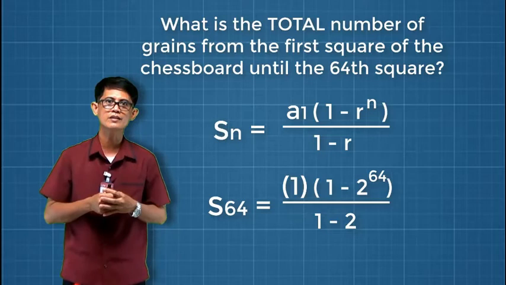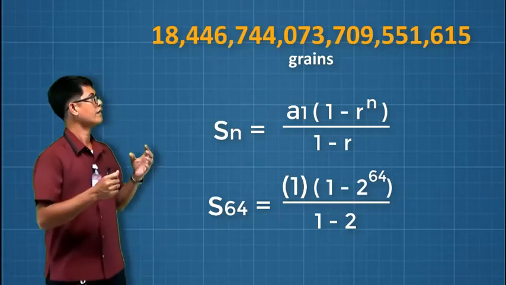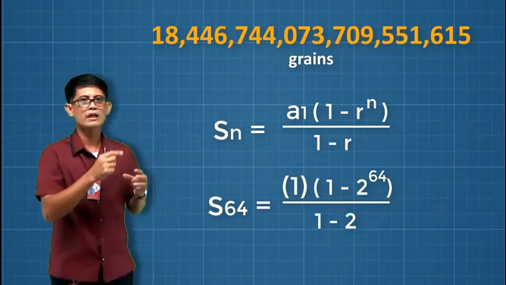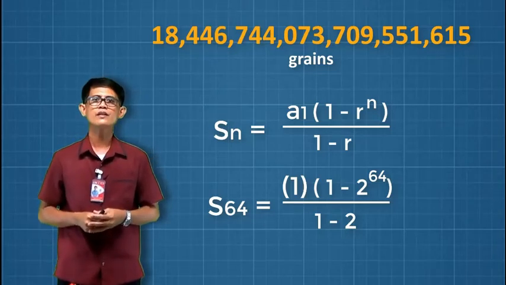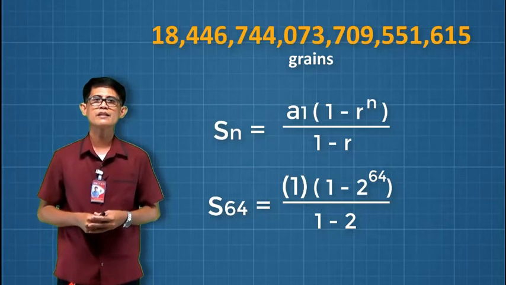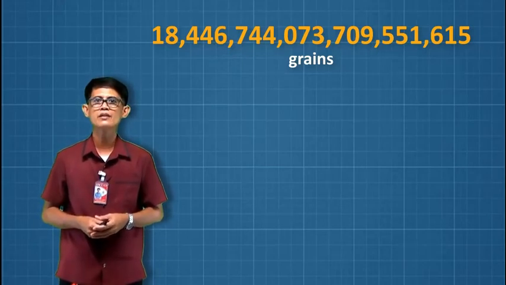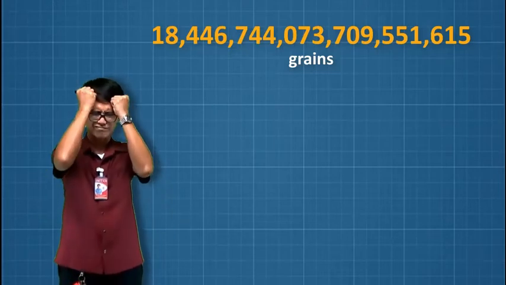And the sum is, wow, how do you read that? 18 quintillion, 446 quadrillion, 744 trillion, 73 billion, 709 million, 551,615 grains. Legendary!